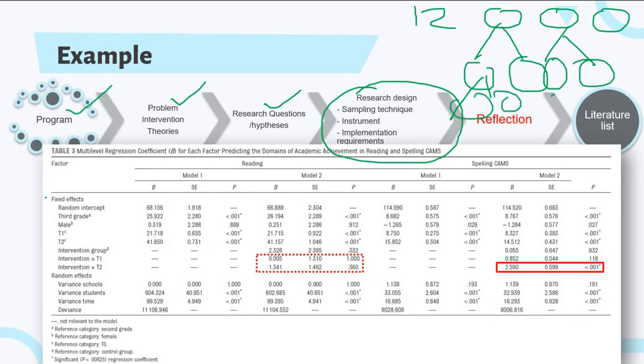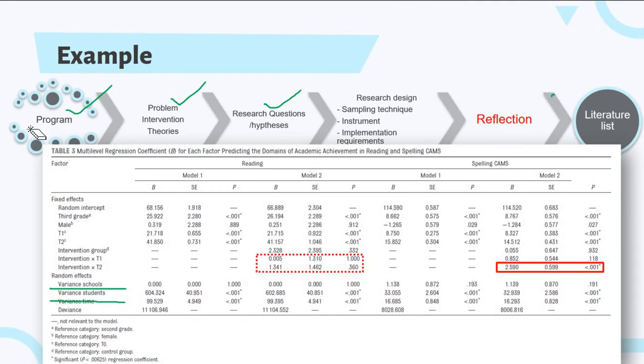Okay, but when we look at the multi-level analysis, we can see they don't distinguish the class level, but only the school and the student individual level. So this indicates that for each school, they select the same class. So if I recheck it, for this multi-level analysis, there are only 2 levels.